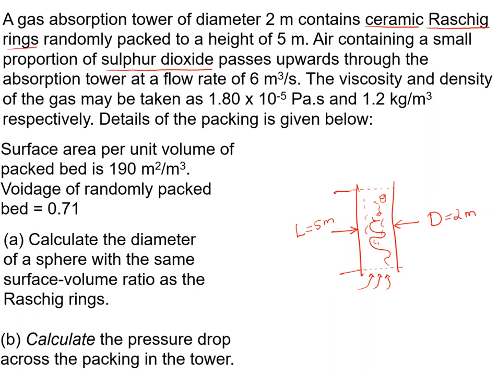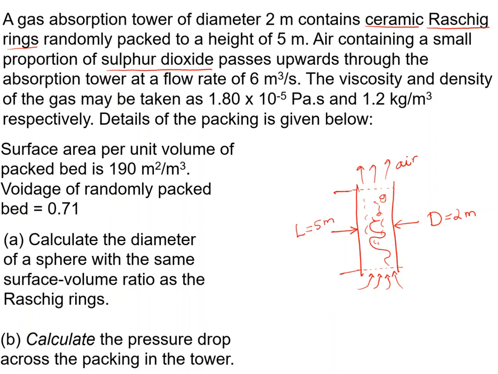It's a harmful gas. It passes upwards through the absorption tower at a flow rate of 6 meter cube per second. So the flow is going from here to there, and hopefully those packings are absorbing the SO2, and the air going up here is clean.